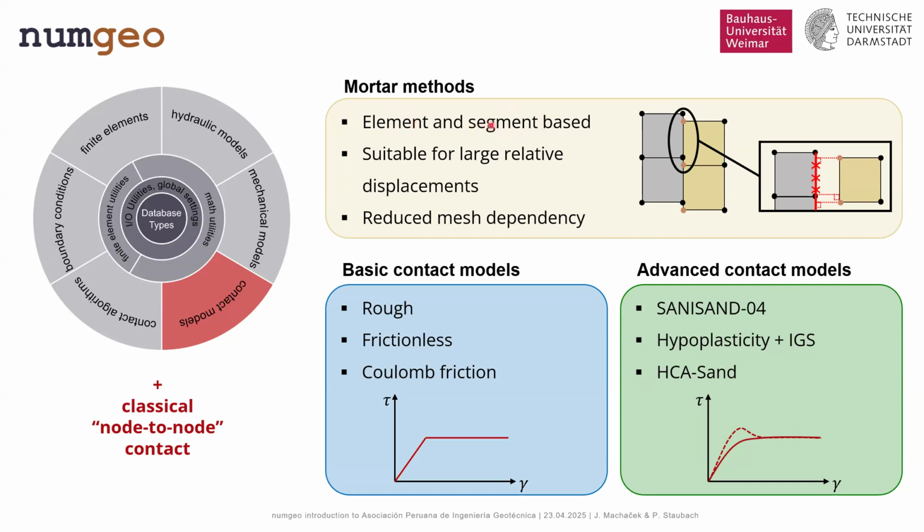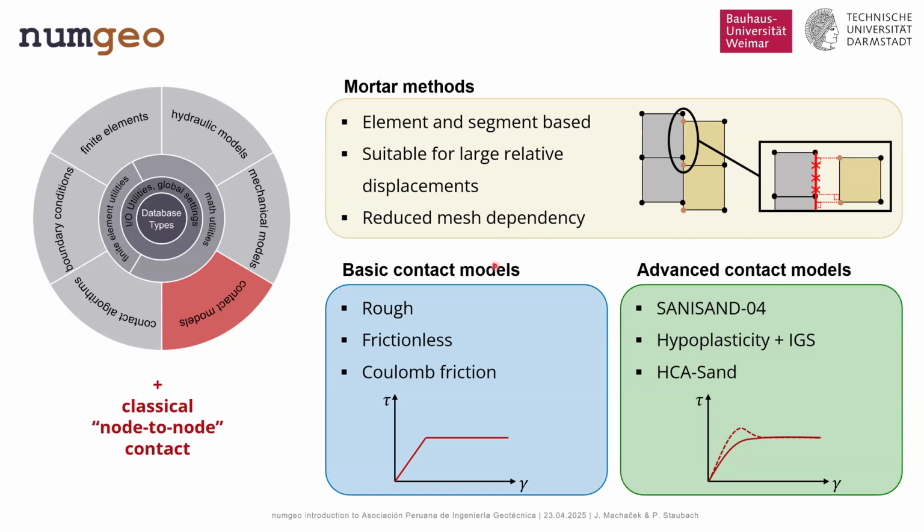What makes them so special, especially compared to the node-to-node contact formulation, is that you can model quite large relative displacement. So if you have shearing in an interface where the shearing displacement is quite large, these mortar methods are much better suited compared to node-to-node contact methods. These mortar methods also reduce the mesh dependency. So there is no need anymore for conforming meshes, as we will see later in the application example.